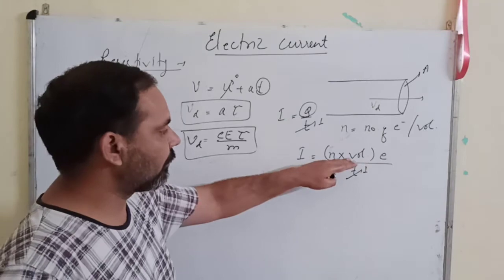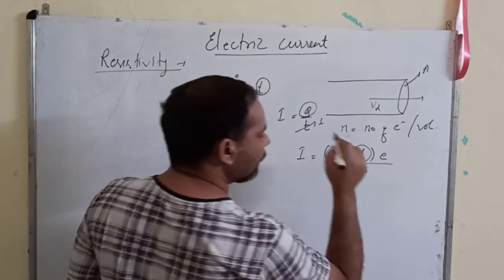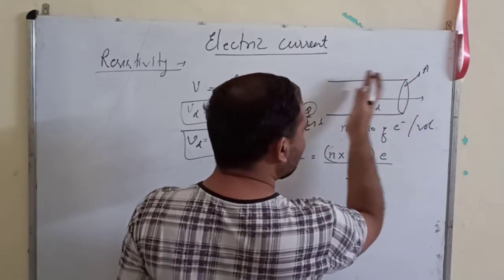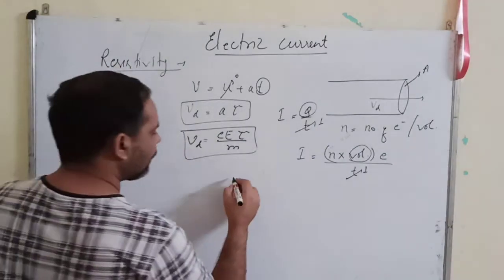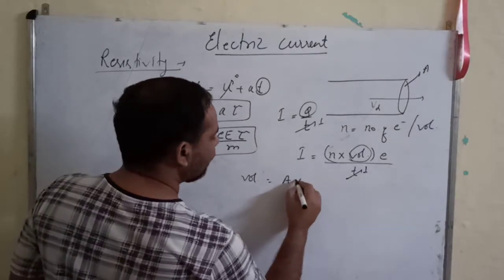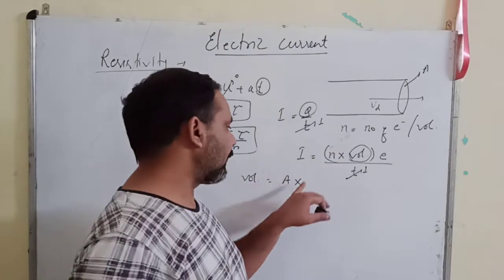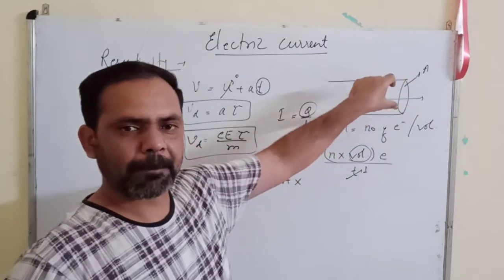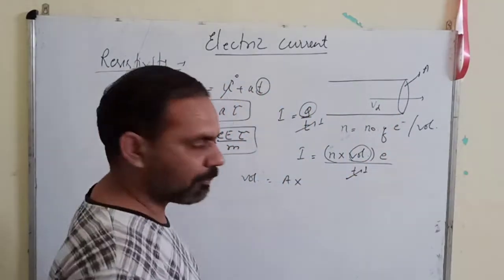This is the value of I. Now what we need to find out is volume. Volume is cross-sectional area multiplied by the length of the conductor, so volume is equal to A into l. How much volume of charge is passing through the conductor? Now in how much time?